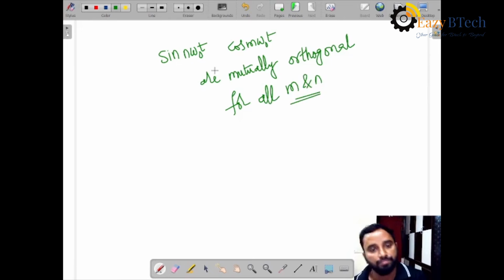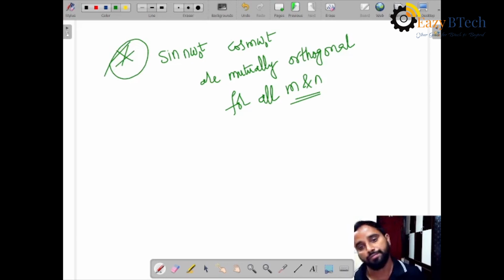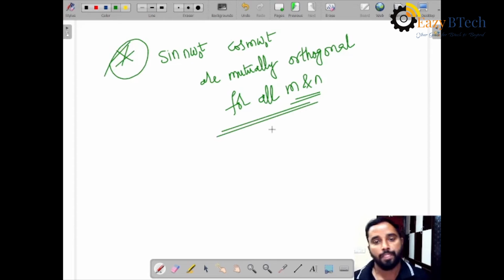Anyway, they become mutually orthogonal. This is the point. Right? So very, very important.